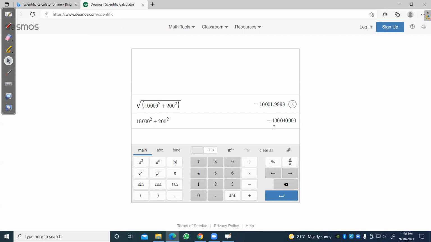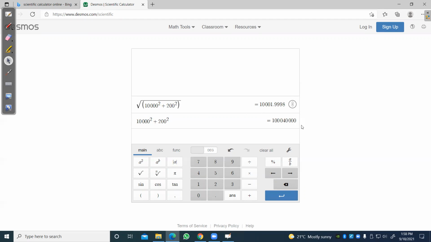It gave me like 100.009. Did you type 10,000 squared plus 200 squared? It only gave you 100. Like it gave me a point number. I'm not sure what's going on with your calculator.